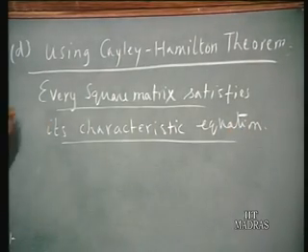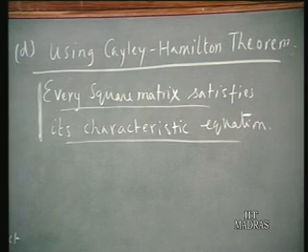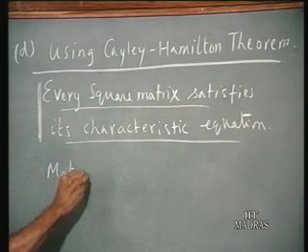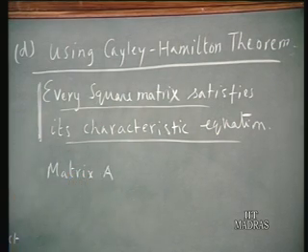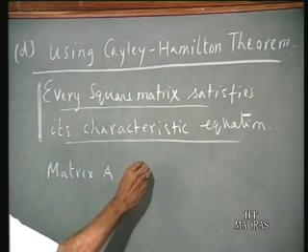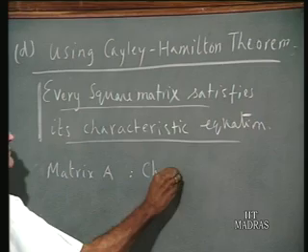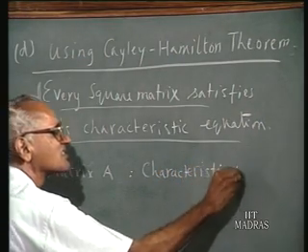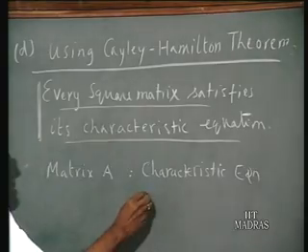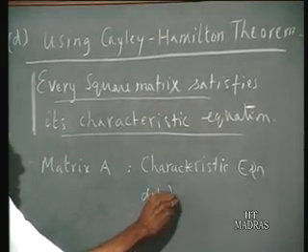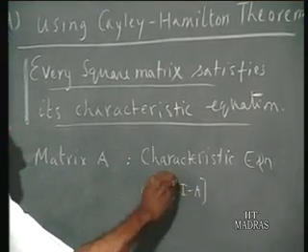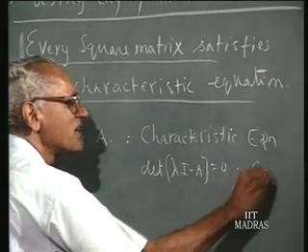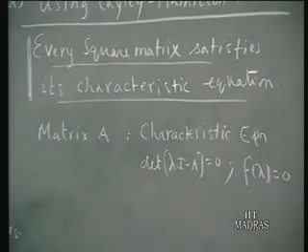What does it mean? Suppose you have a matrix A, a square matrix. Its characteristic equation is the determinant of lambda I minus A equal to 0, which we said we can put as f of lambda equals 0. This is the characteristic equation.